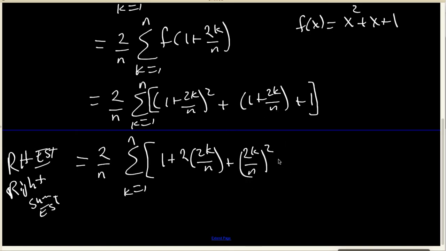Then I have this mess, so I have 1 plus 2k over n, plus I finally have that one there, and now I have the ending bracket for that.